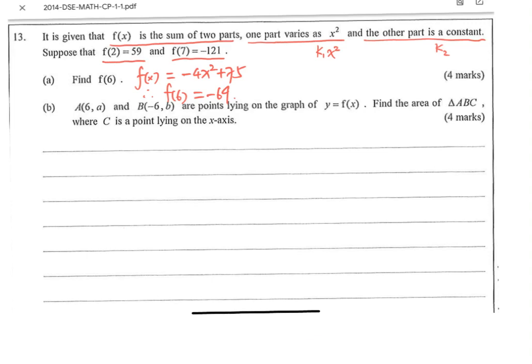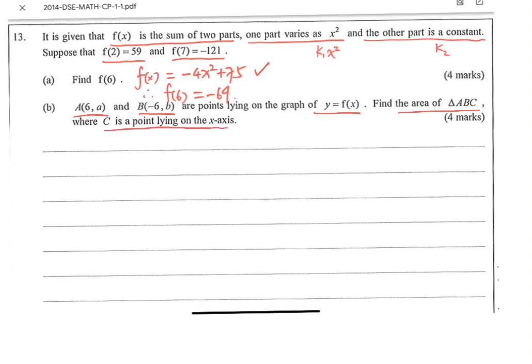Points A and B are points lying on the graph y equal to f(x). So this is a parabola. As you can see in part A, f(x) equal to negative 4x squared plus 75. You are asked to find the area of triangle ABC where C is a point lying on the x-axis.